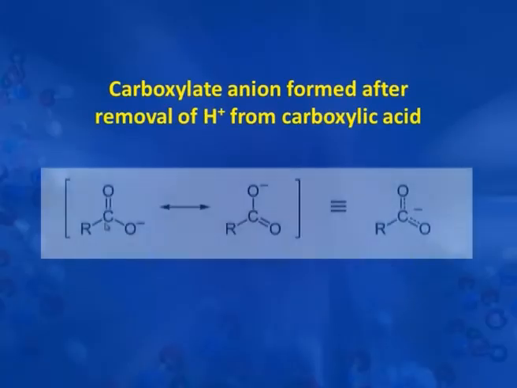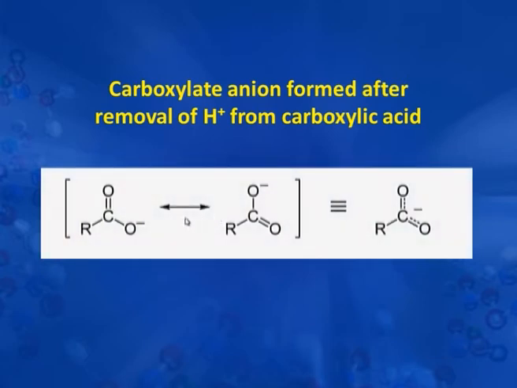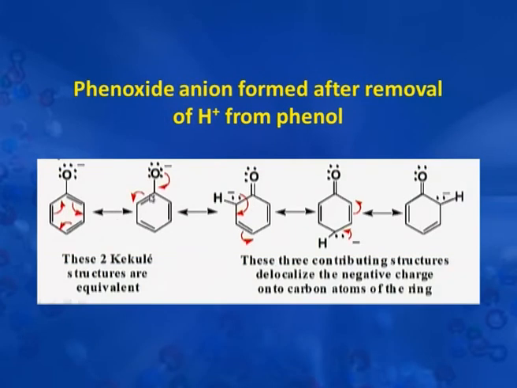For this, if you look at the carboxylate anion, the negative charge is delocalized on two oxygen atoms, and as a result we get two contributing structures which are absolutely equivalent to each other. As a result, they contribute more towards resonance. Now, look at the resonance structures in case of phenoxide ion.